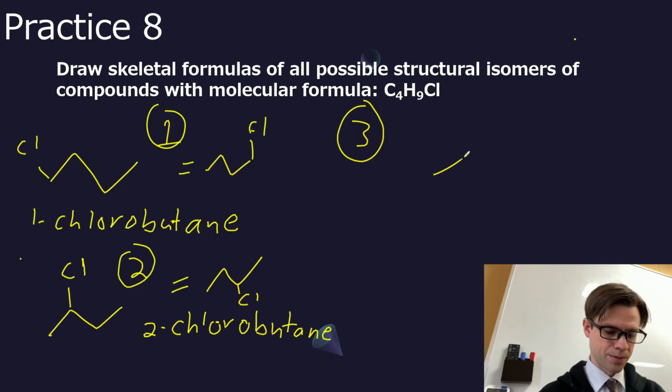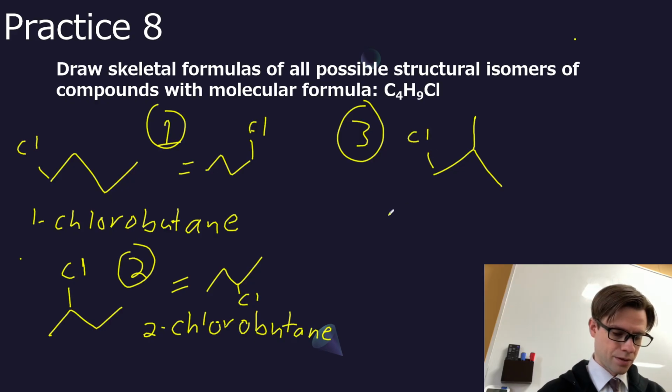So I can make methylpropane. I can put a Cl on that. So we're going to have a chloro and a methyl. Chloro will come first in the name. We'll put that as carbon 1. As a real functional group, it has priority.